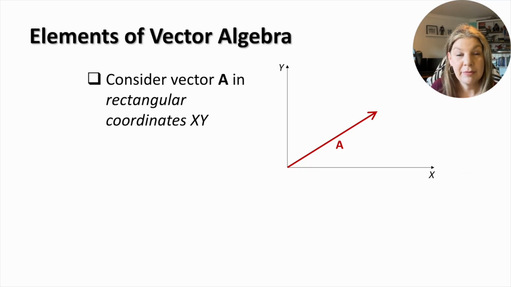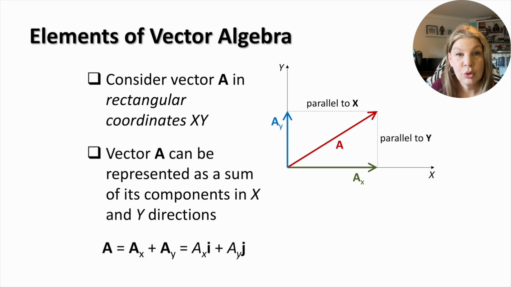Any number can be represented by a sum of two other numbers. Similarly, any vector can be represented by a sum of two other vectors. If we select two known orthogonal directions, x and y, vector A can be represented as a sum of two vectors in these directions.